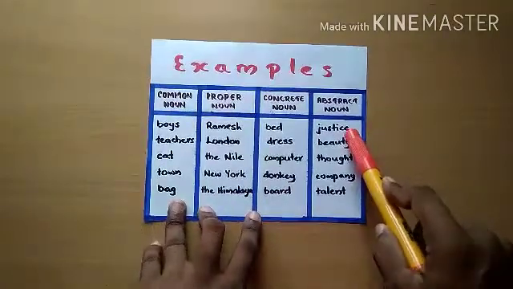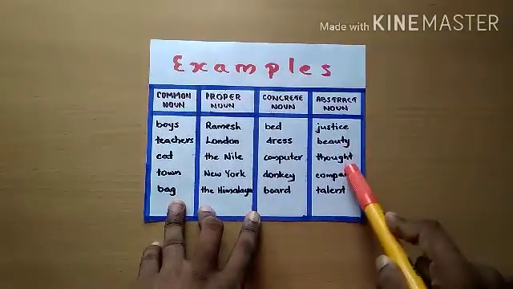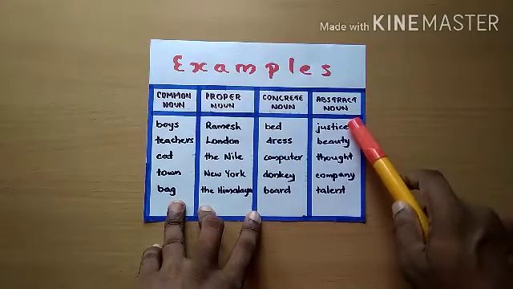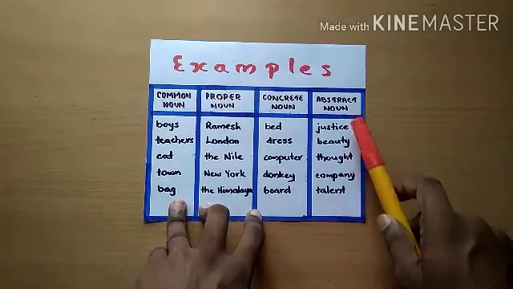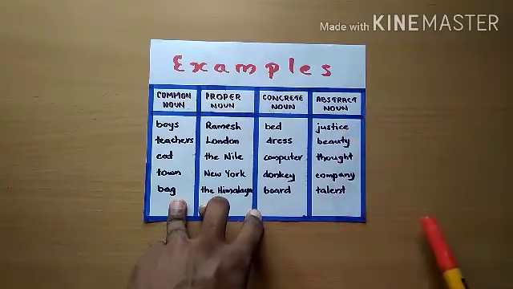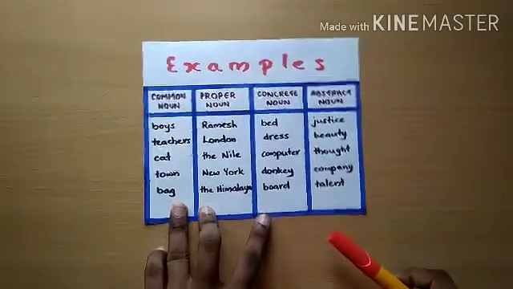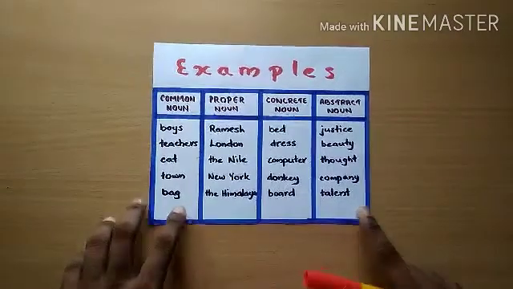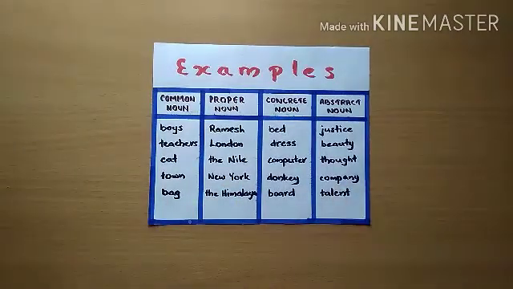Justice, beauty, thought, company, talent. Okay, all these things are just ideas, or qualities. We will be able to experience them, but not physically, right? Only mentally we will be able to experience or understand these things.